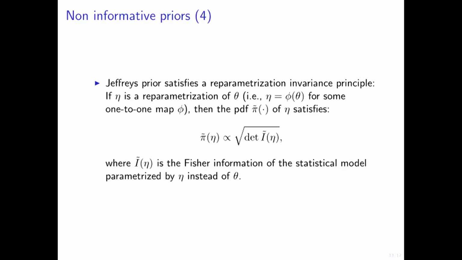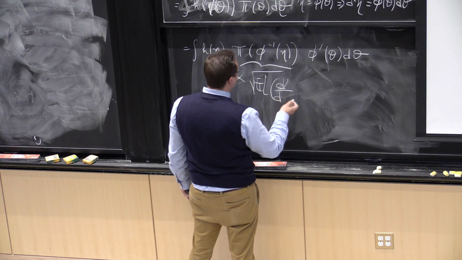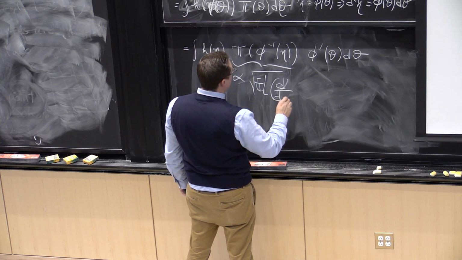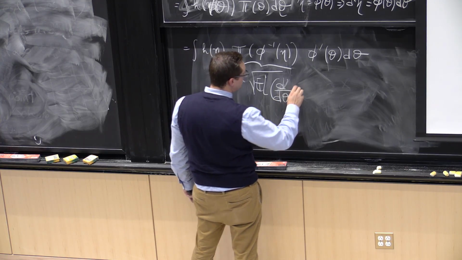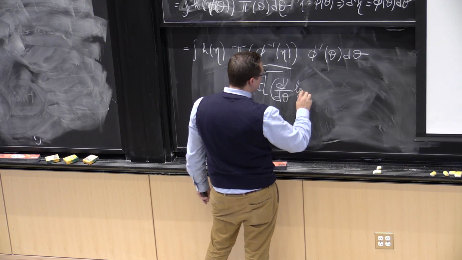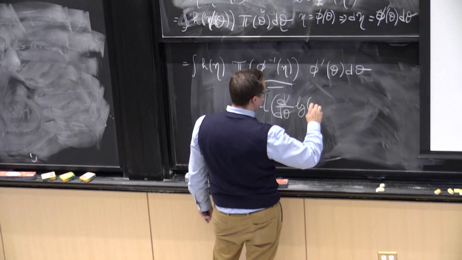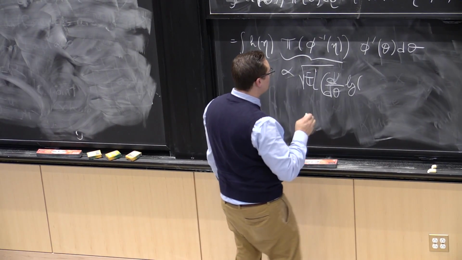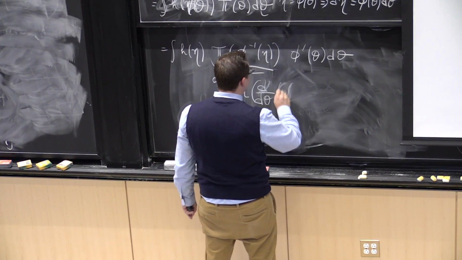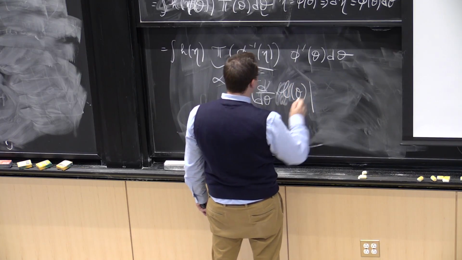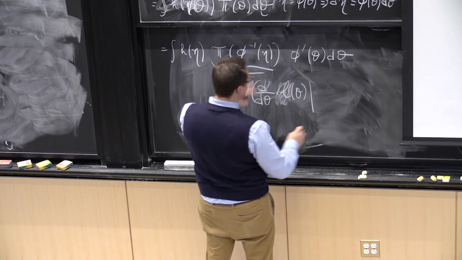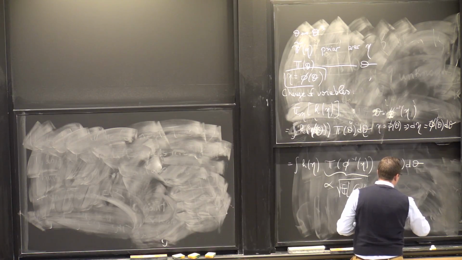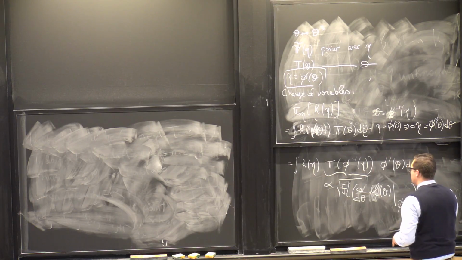So this is the square root of the expectation of d over d theta of log of, well, now I need the density. Let's just call it L of theta. And I want this to be taken at phi inverse of eta, squared.